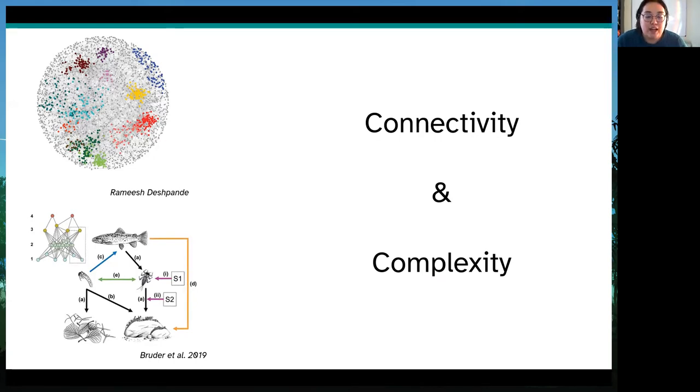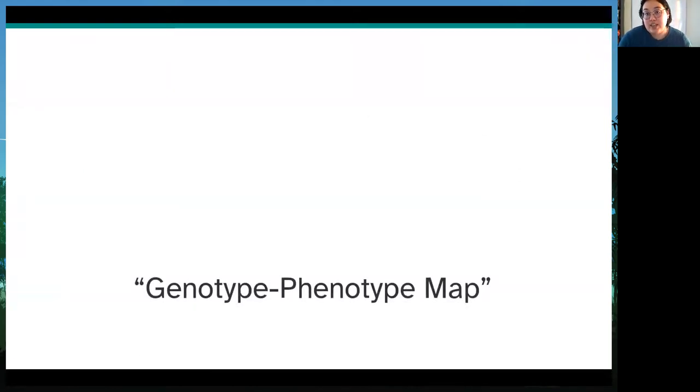And as part of that interest, I look at how genotypes create phenotypes, create fitness. This is known as the Genotype Phenotype Map, and there are a lot of different ways to think about what this means. Two common visualizations.